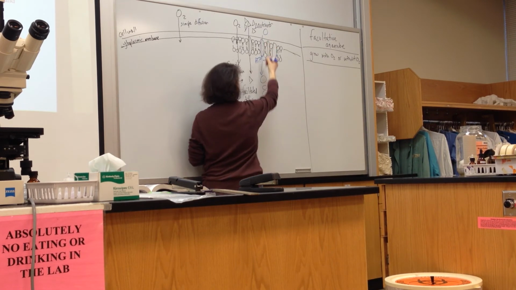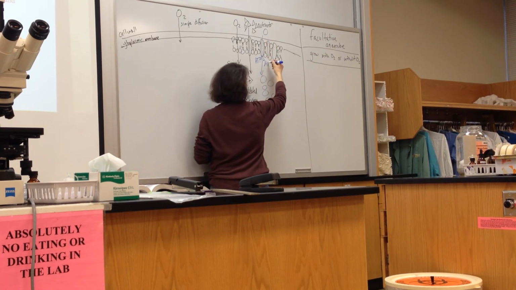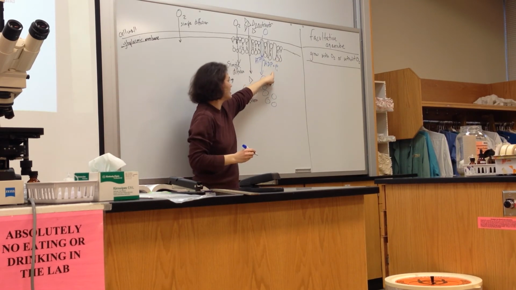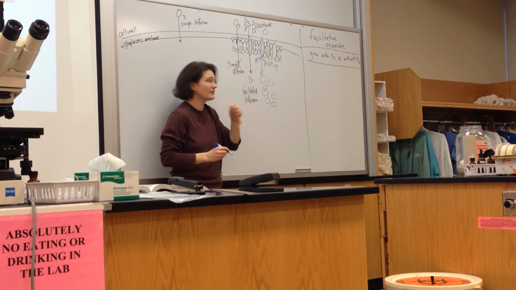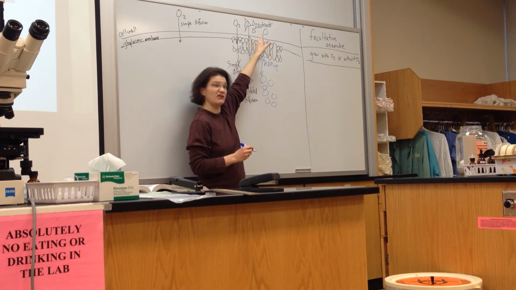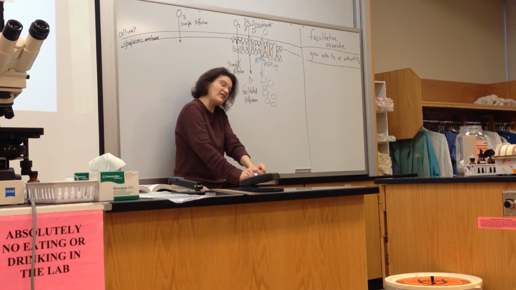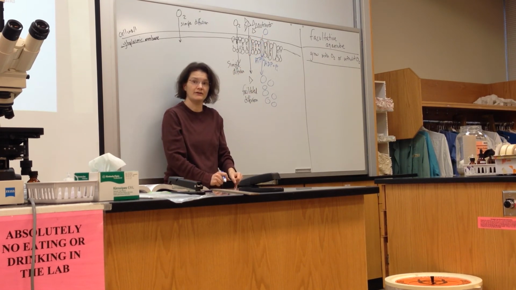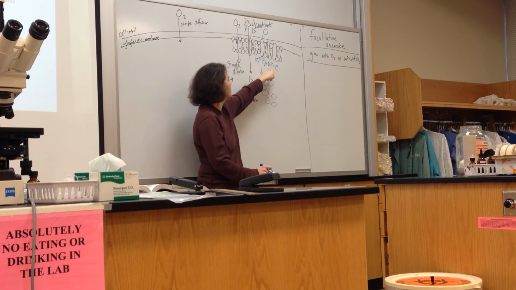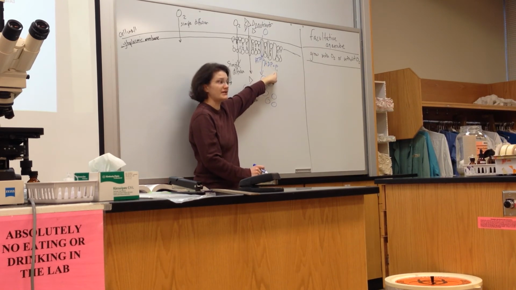And as the molecule goes through, we're going to use that energy in ATP and break it down to ADP and inorganic phosphate. So we're going to use that energy to transport molecules from an area of low concentration, shove it into an area of high concentration. We're going to use that energy that's stored in that bond between ADP and that 3rd phosphate group.